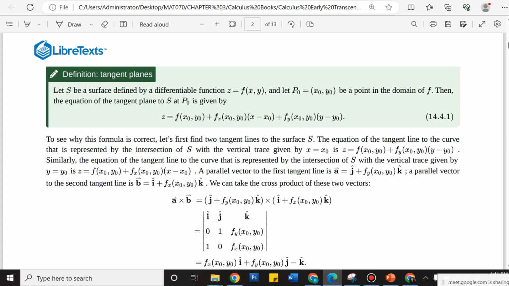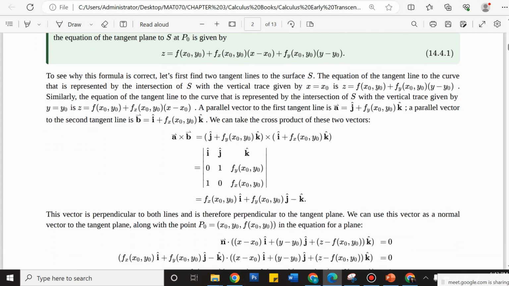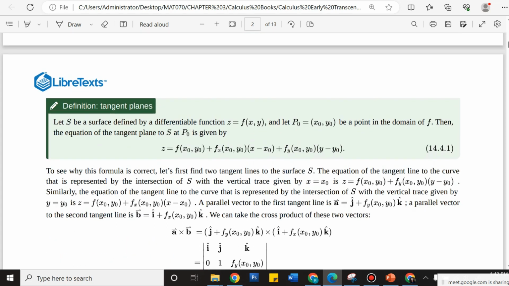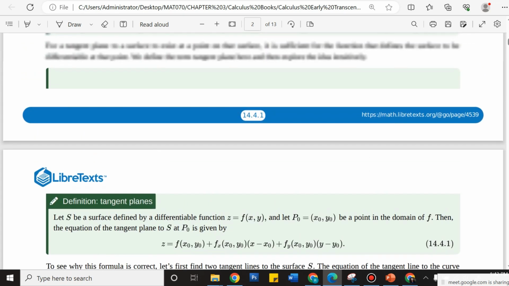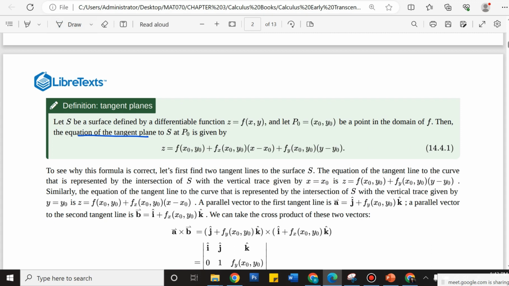Then, the equation of the tangent plane to S at point P is z equal to f of x sub o, y sub o plus the derivative of f with respect to x at x sub o times x minus x sub o, plus the derivative with respect to y times y minus y sub o. Kaya ito ang formula to get the equation of the tangent plane.